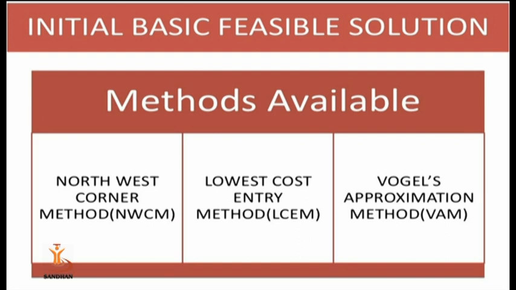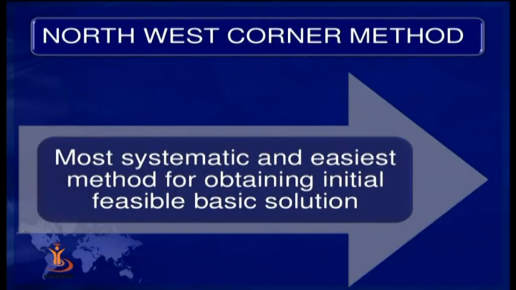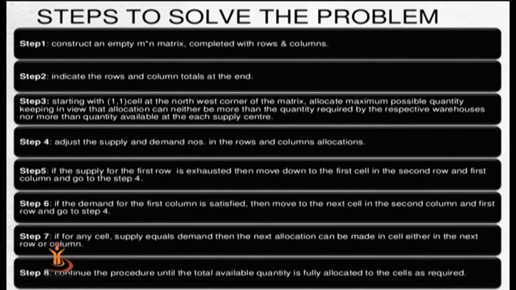Now, let us try to solve a transportation problem mathematically. The first one, the northwest corner method. This method is the most systematic and easiest method for obtaining an initial basic feasible solution. Let us try to understand the different steps involved.